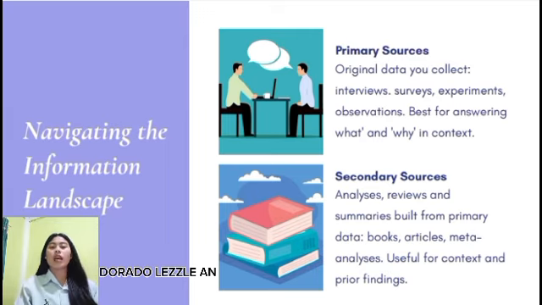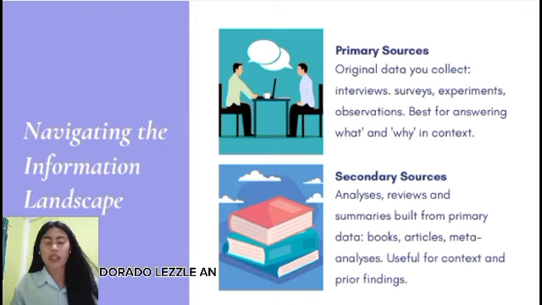Examples of this are books, journal articles, literature reviews, and documentaries. So these secondary sources help to provide background information, context, and previous findings. They show what other researchers already discovered about the topic.